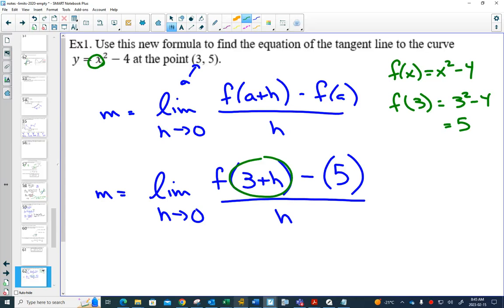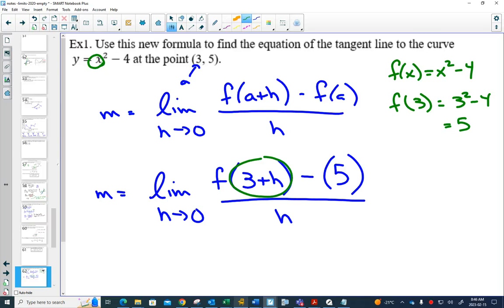Whatever you plug into the function, if I said, what's f of 1? You would plug in 1 for x and do 1 squared minus 4, right? If I said, what's f of 10? You'd be like, okay, I'll plug in 10. 10 squared minus 4, right? And you can plug in anything for x. If I said, what's f of Alice?